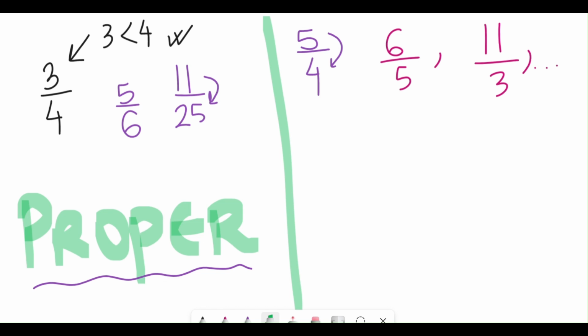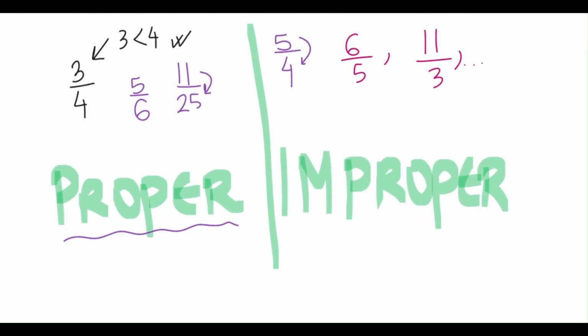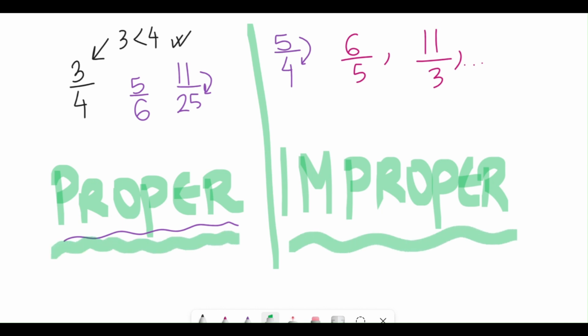These fractions are not proper, but improper fractions. Right? So we have proper fractions and we have improper fractions. If the number on top is greater than the number on the bottom, we call it an improper fraction. And if the number on top is smaller than the number on the bottom, we call it a proper fraction.